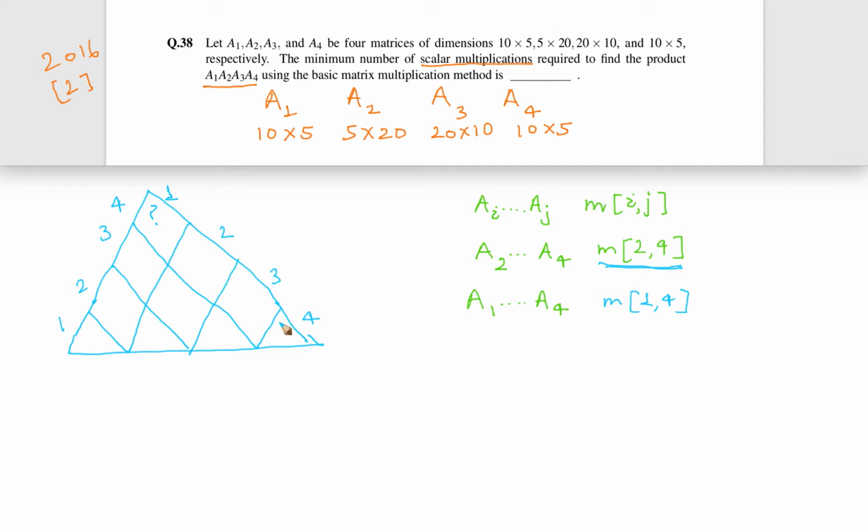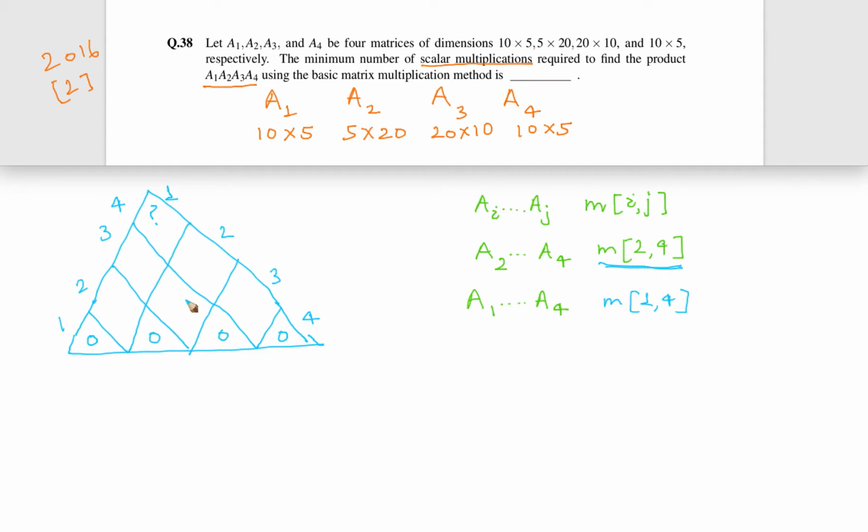I will come to how we find it, but firstly let's start with the most trivial cases. If I have to fill this cell, M11, there is only one matrix A1 and no multiplication happens, so the number of scalar multiplications is 0. So M11 will be 0, M22 will be 0, M33 will be 0, and M44 will be 0.